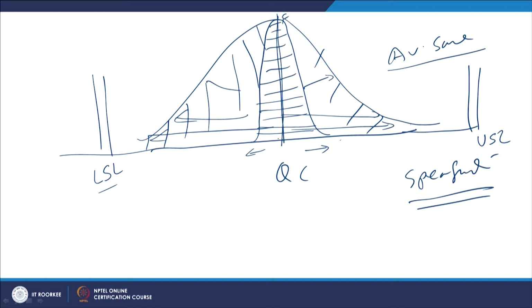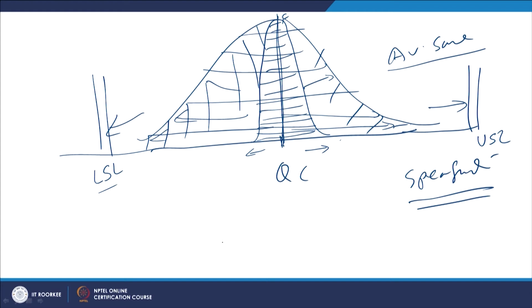The average is this one and the variation is also less, while in the second case there is a lot of variation while the process average is still the same. Despite the lot of variation, if the upper and lower specifications are still farther away, then whatever we produce will be within the acceptable limit.